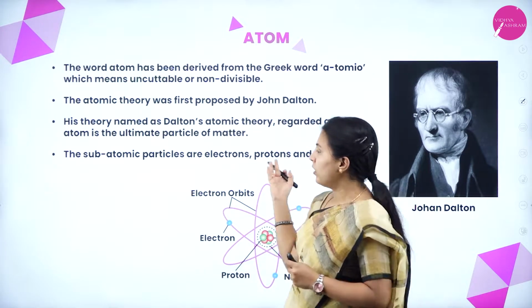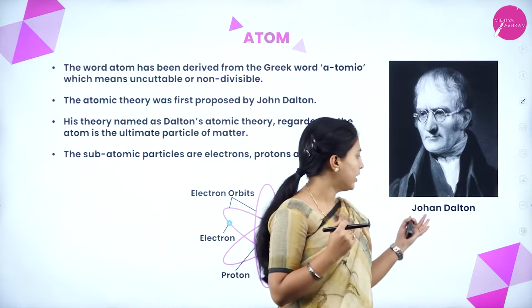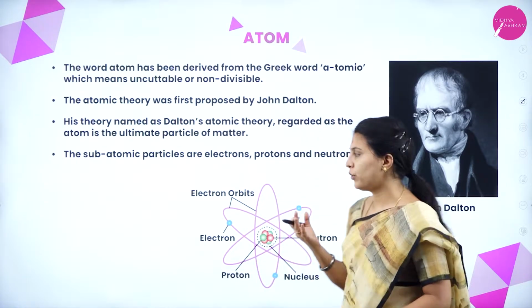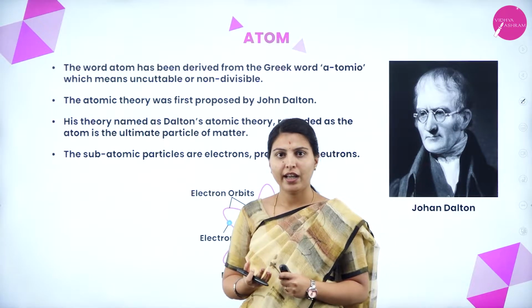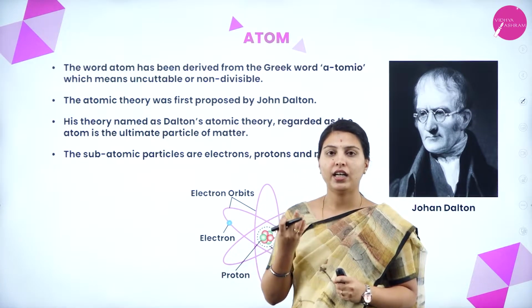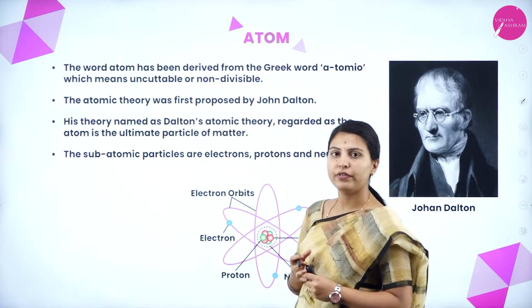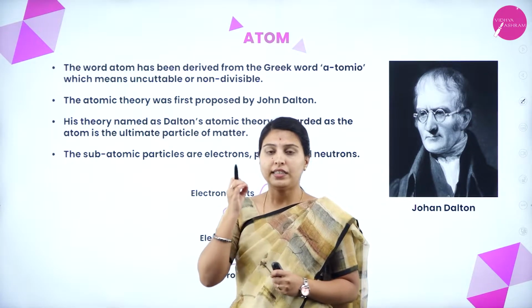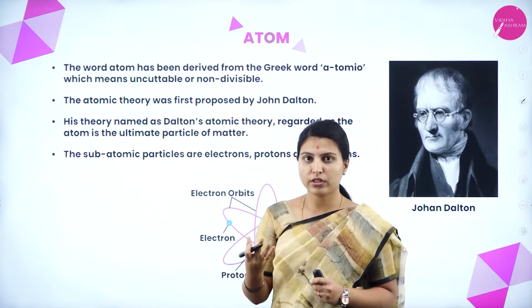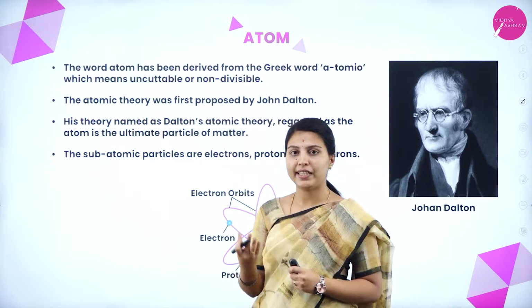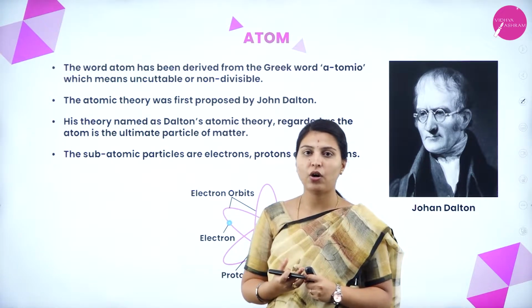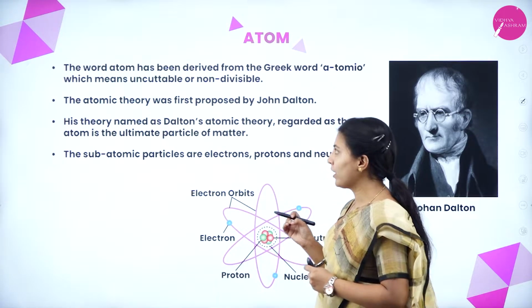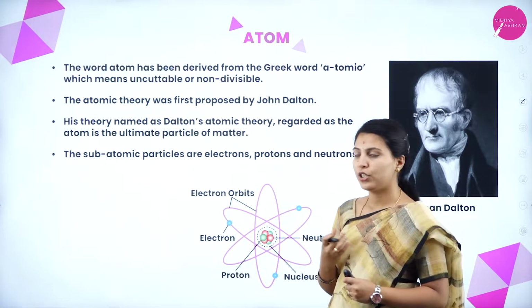Later, John Dalton proposed Dalton's atomic theory, in which he stated that the atom is the ultimate particle of matter. He took the term atom from the Latin word atomio, which means indivisible or uncuttable.